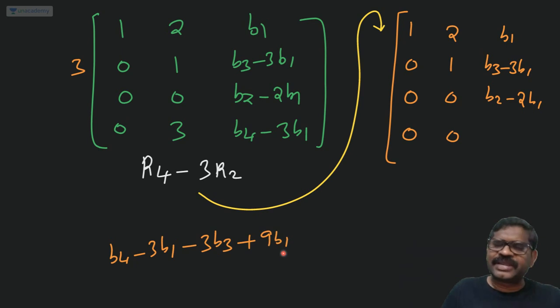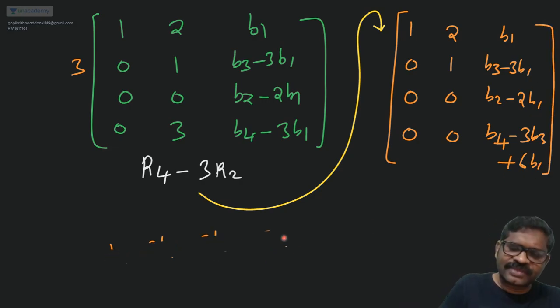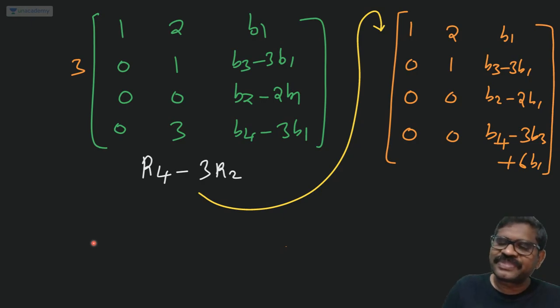That is nothing but B4 minus 3B3 plus 6B1. Verify now. Is it in echelon form? Clearly, rank of A is 2.